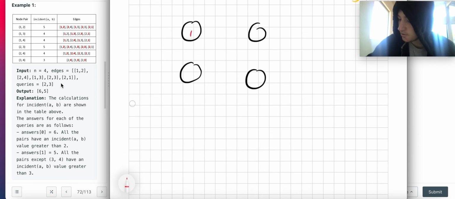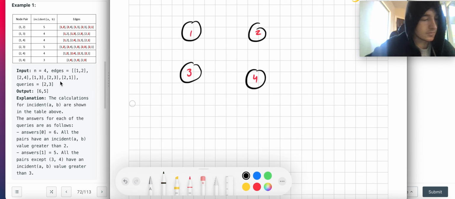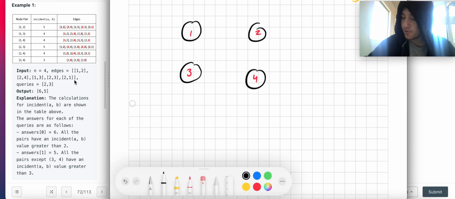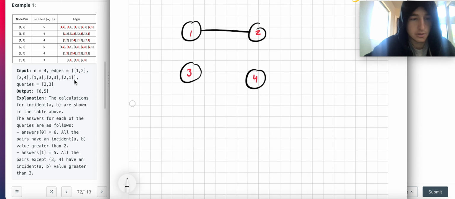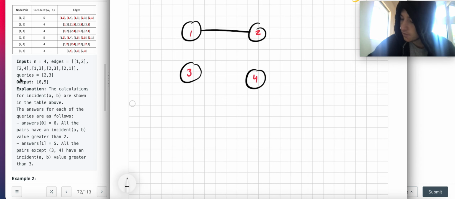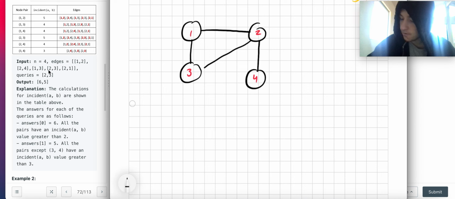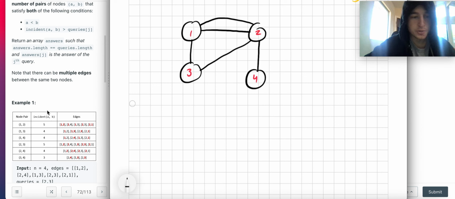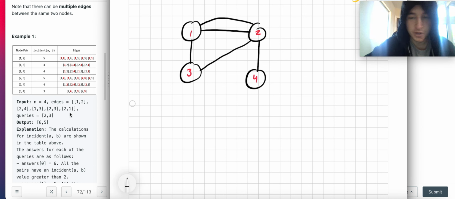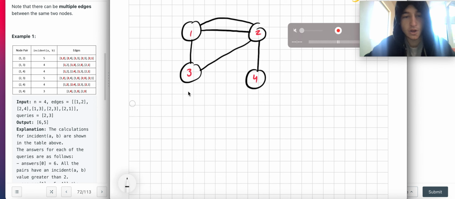And then you have nodes 1, 2, 3, and 4, and then you have edges from 1 to 2, 2 to 4, 1 to 3, 2 to 3, and I'm guessing 2 to 1. Wow, so there could be multiple edges between the same two nodes, right? And that's what we see here. We have one from 1 to 2 and one from 2 to 1. Okay, so this is the graph.